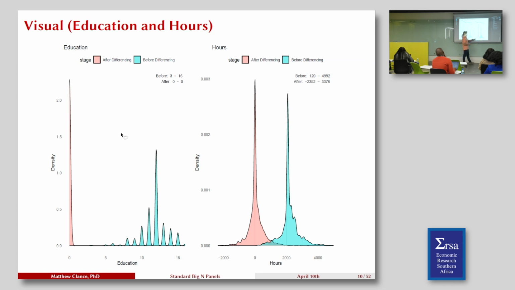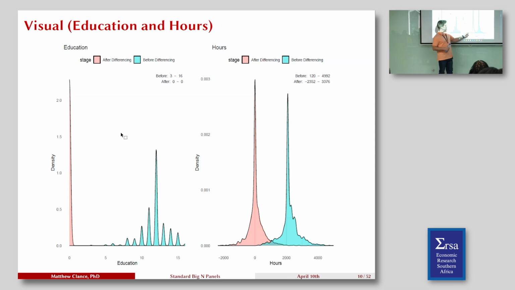The reason I'm showing this in terms of hours is because this data set was at a particular time where you had people that were working in 1 year, not working, or not working and then started working. Because of that, this would be before differencing, and this would be after differencing. Even though there are some long right and left tails here, if you do the calculation, there's actually more variation after the difference.